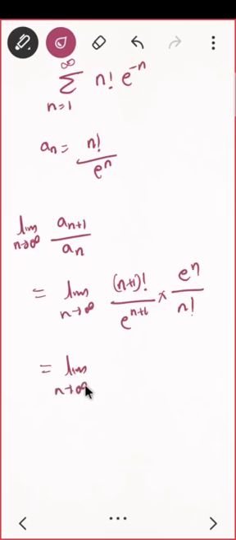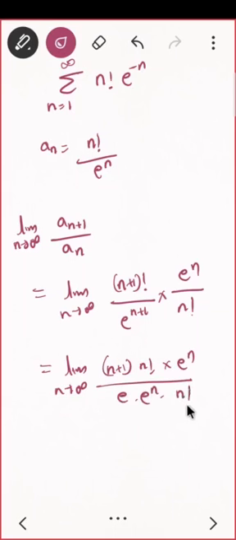What is the answer? It will be (n plus 1) into n factorial multiplied by e raised to n upon... whether convergent or divergent, what is the answer? Cancel, cancel, cancel, cancel.